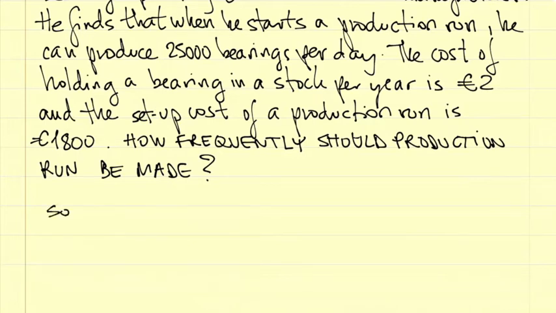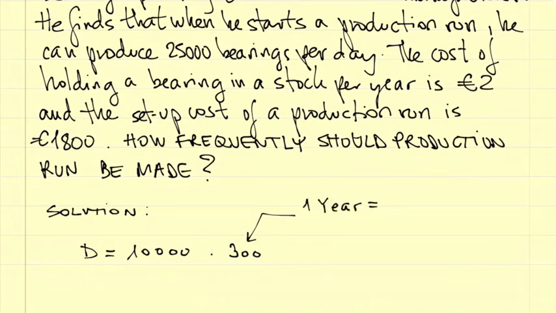Solution. Demand equals 10,000 times 300 working days, assuming that 1 year has 300 days.